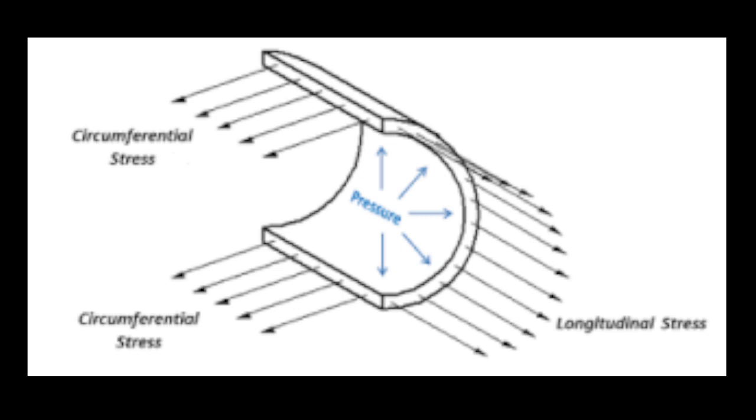Whenever you have a container, a cylinder just like this, once it is filled with a fluid, it could be a liquid or a gas, the walls will feel a tension, and the direction of that is this one. And what we call that is hoop or circumferential.